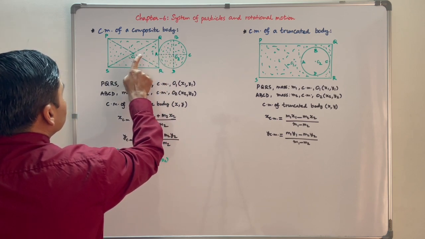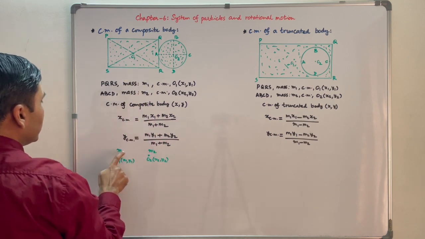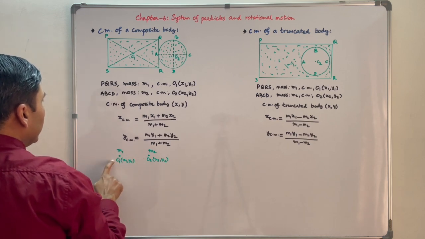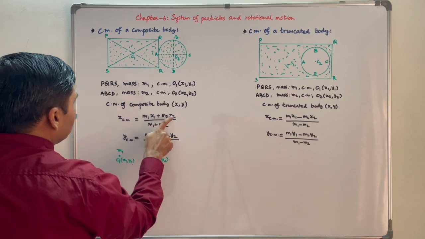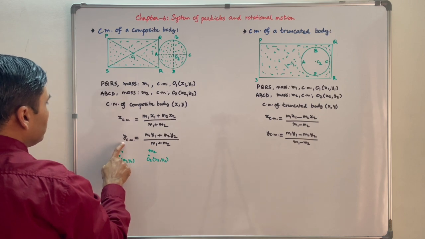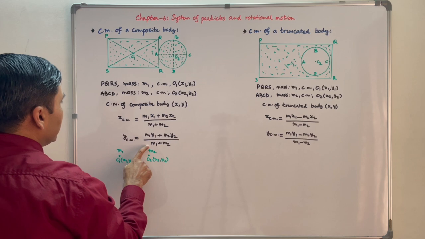We can assume them as 2 point masses m1 and m2 positioned at O1 and O2 respectively. So x coordinate of their combined center of mass is given by (m1x1 plus m2x2) upon (m1 plus m2), and y coordinate of center of mass is given by (m1y1 plus m2y2) upon (m1 plus m2).